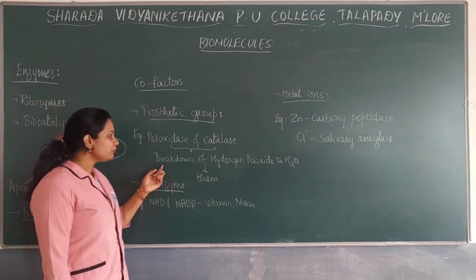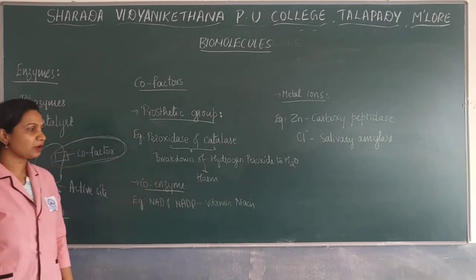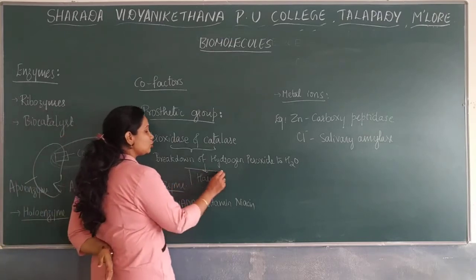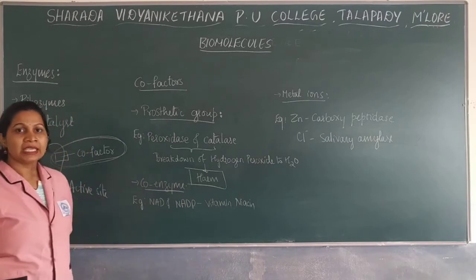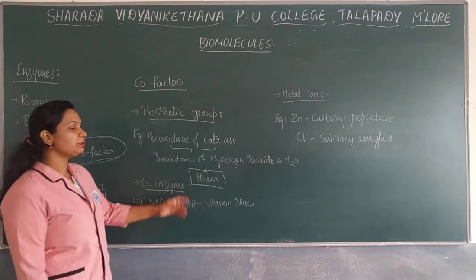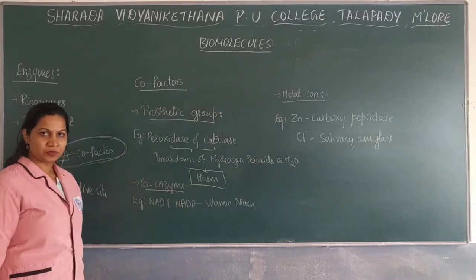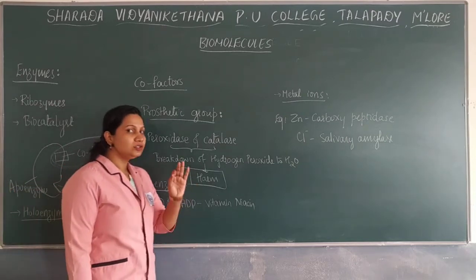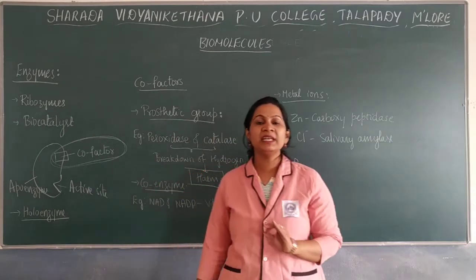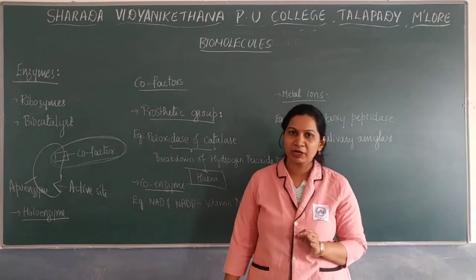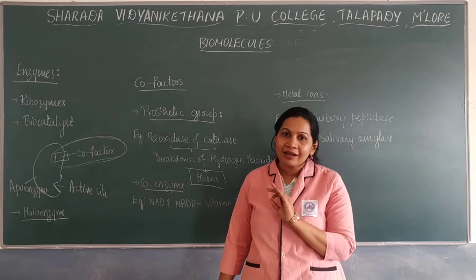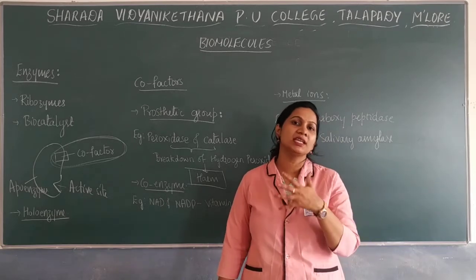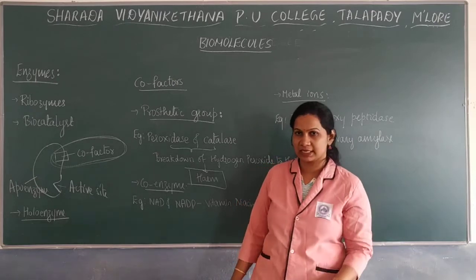They have a prosthetic group known as heme, which is found attached to them. The non-protein part is permanently attached to the protein part of the enzyme and is required for its function. Without it, the enzyme becomes inactive.